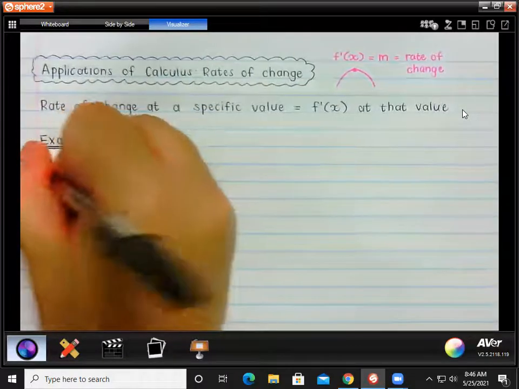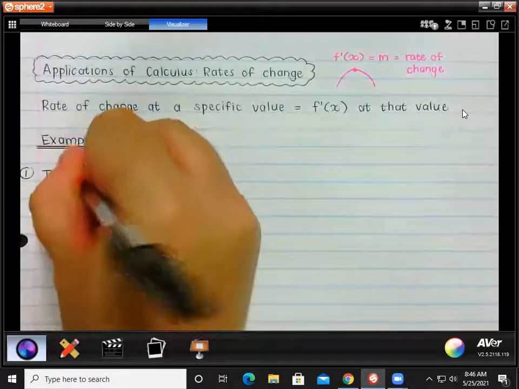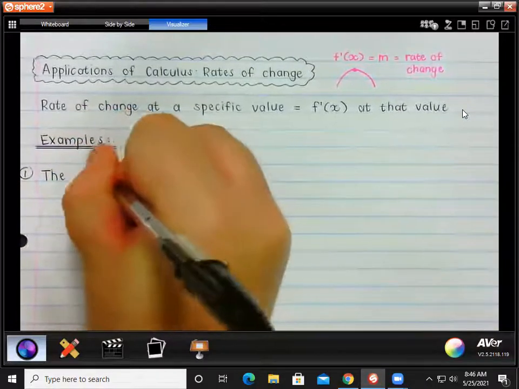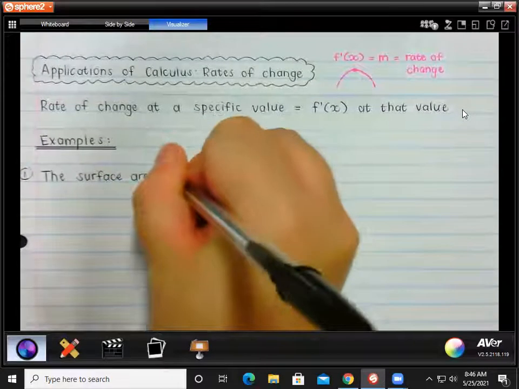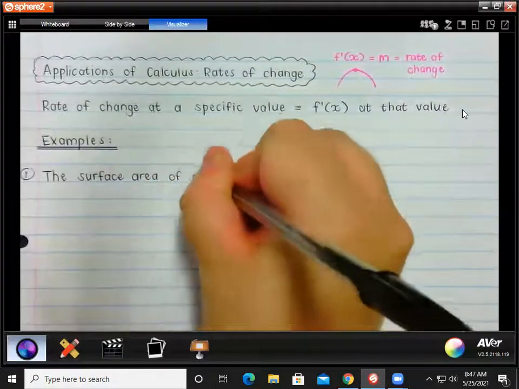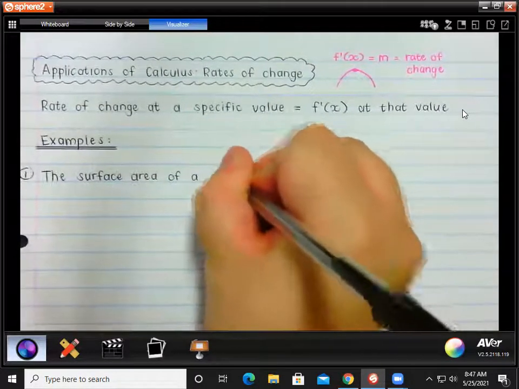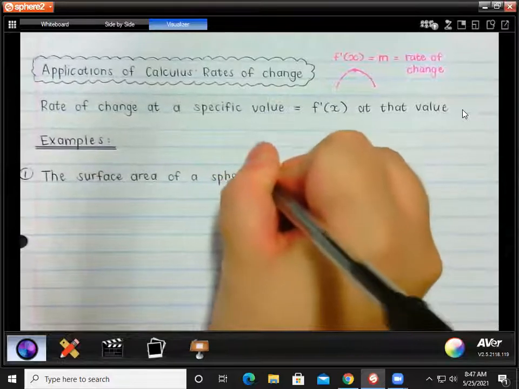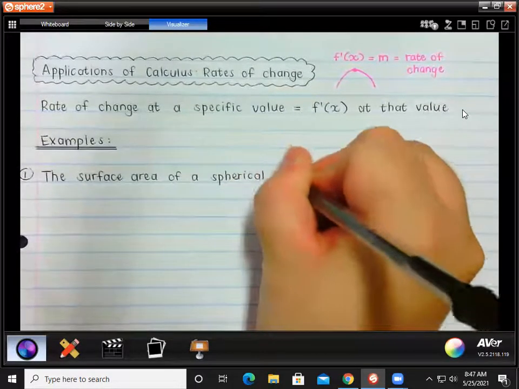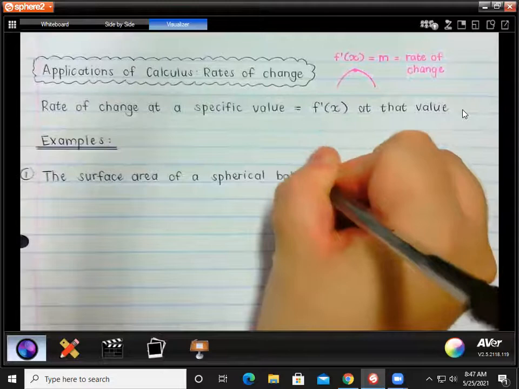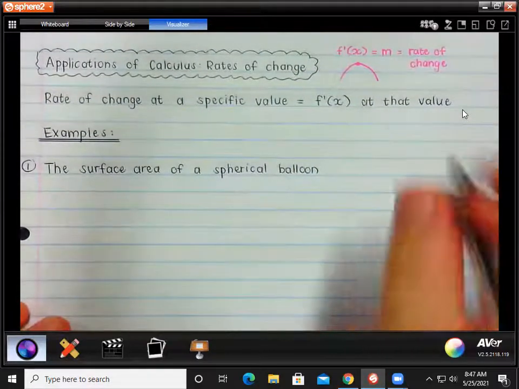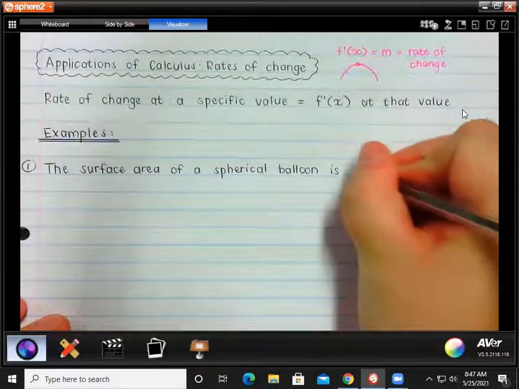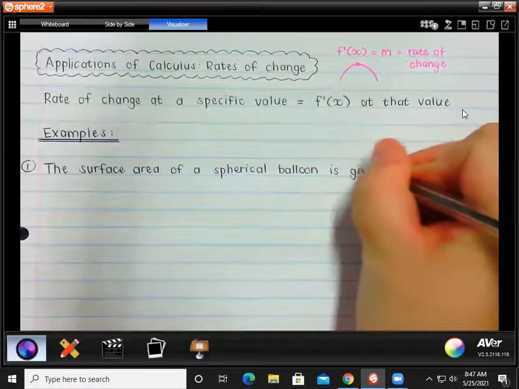Okay, the surface area of a spherical balloon is given by, yo, sorry about that.